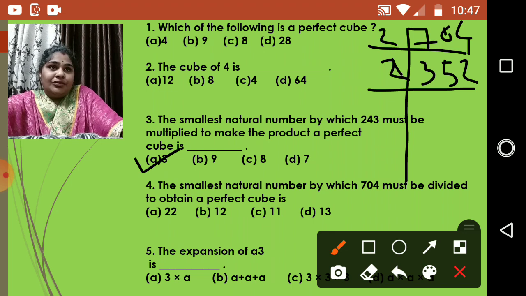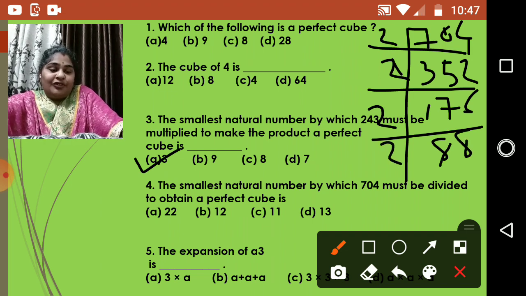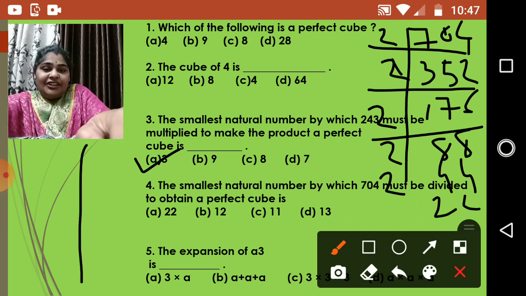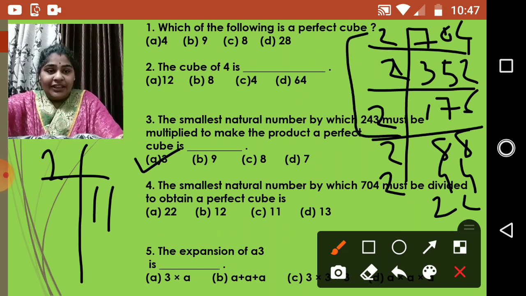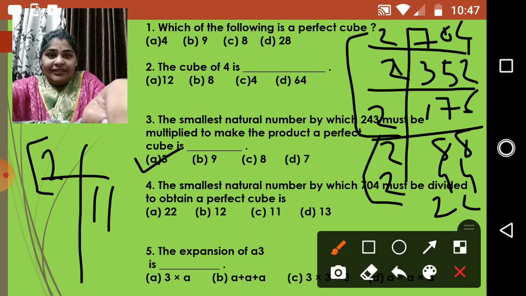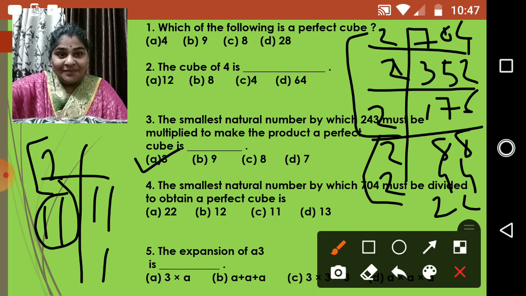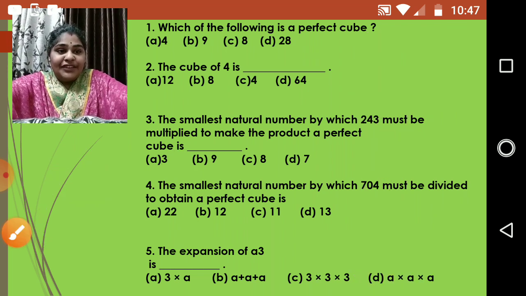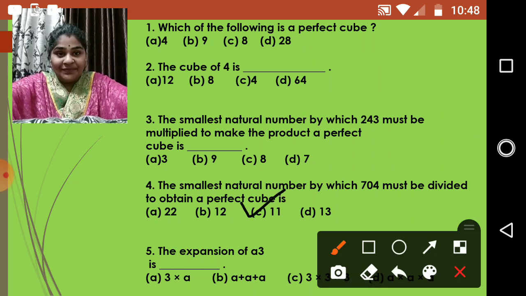Again 2 into 176, again 2 into 88, again 2 into 44, 2 into 22, and again 2 11s are 22. So here you can see 2, I got a triplet. Here also you can see 2, I got a triplet, right? Now 11 ones are 11, only 11 is remaining here, right? So the number 704 must be divided by 11.